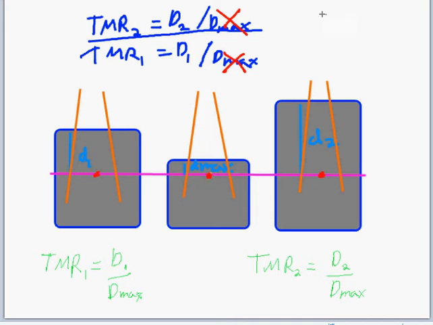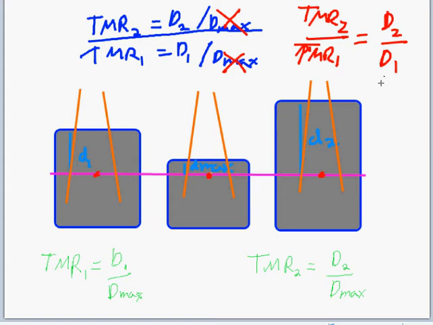What I'm left with is TMR2 over TMR1 is equal to the dose at point 2 over the dose at point 1.